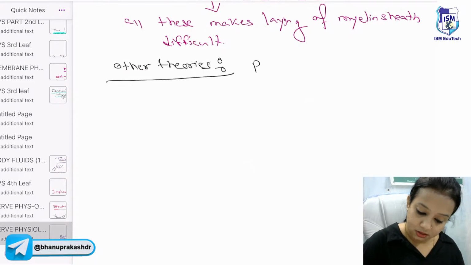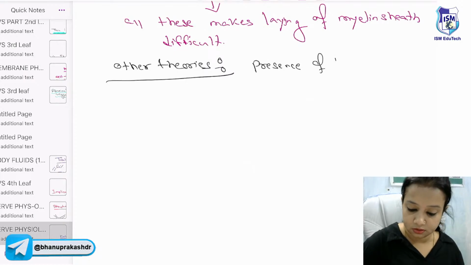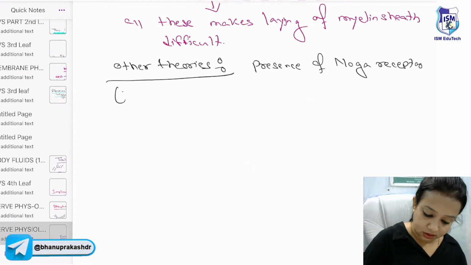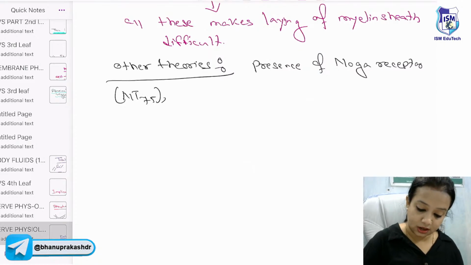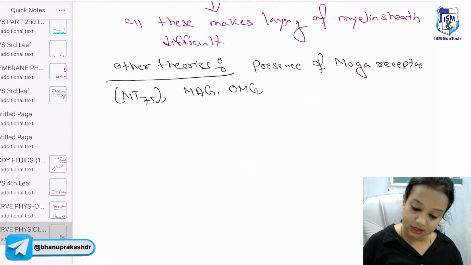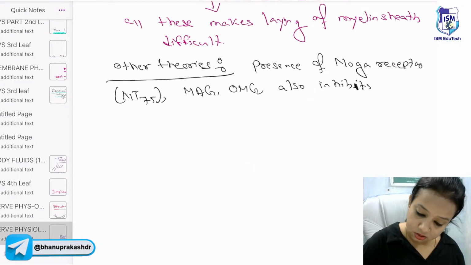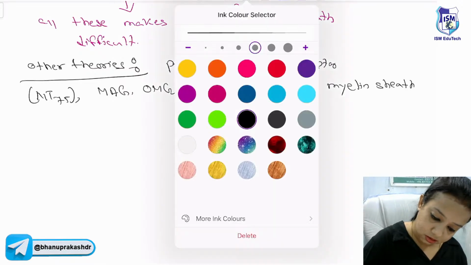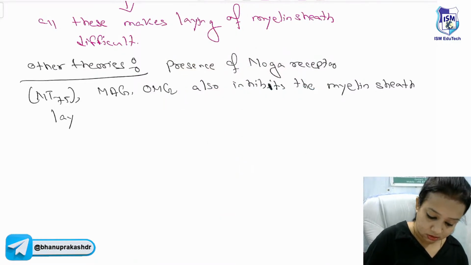It is thought that the presence of the Nogo receptor, NT75, and then MAG, OMG, which are all myelin sheath proteins present in the myelin sheath, also inhibits the myelin sheath lay.